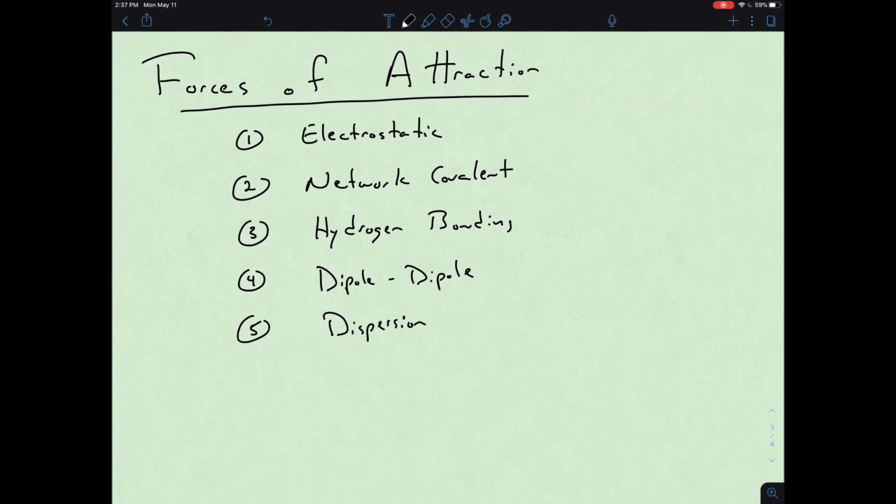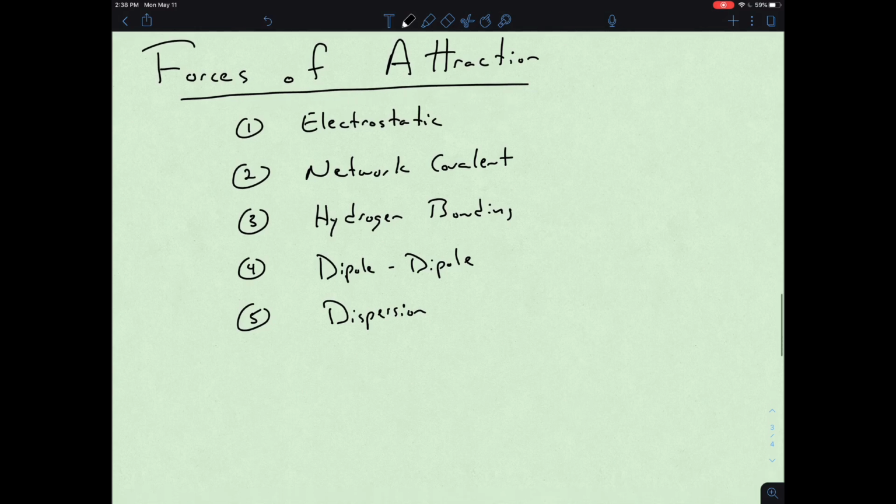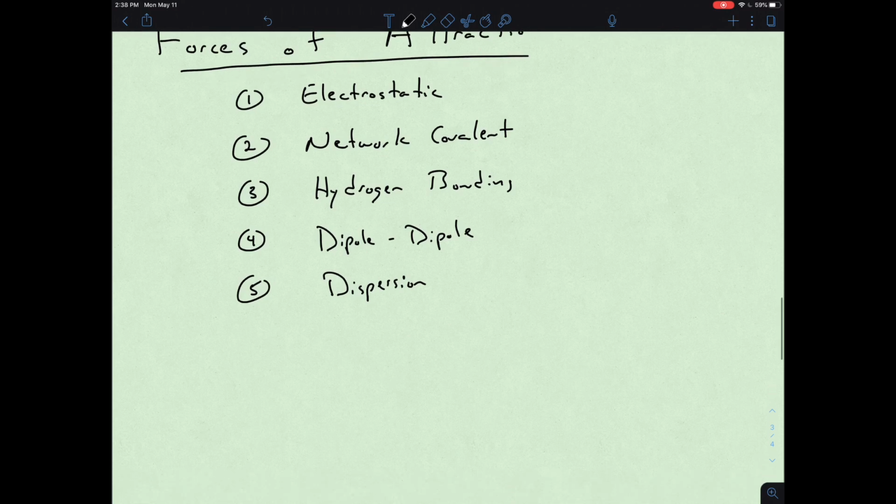So these are the 5 forces that we are going to talk about. We find that they're somewhat ordered in terms of strength, but there are subtleties as we go into them as well. So let's start off with one and then just go forward through all of them.